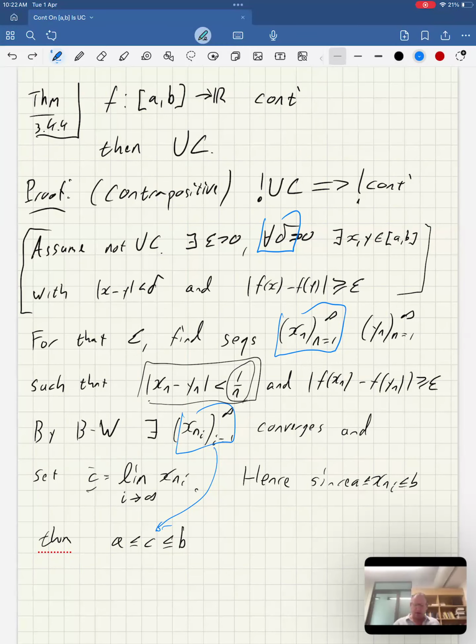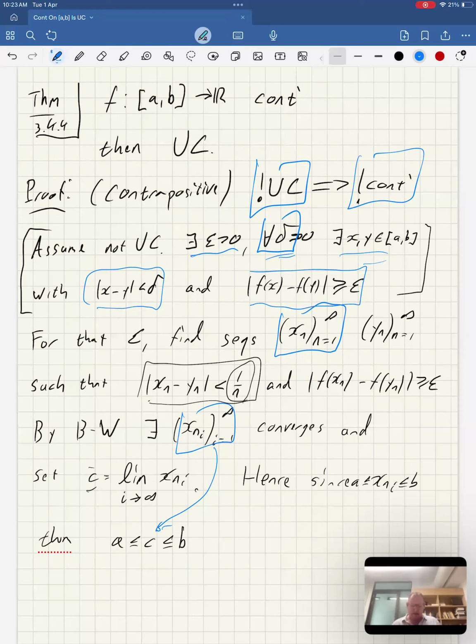So we say, let's say that function is not uniformly continuous, and then show it's not continuous. The key here is that non-uniform continuity means there exists some epsilon where for all delta, there exist x and y where the distance between x and y is less than delta, but the absolute value of f(x) minus f(y) is greater or equal than epsilon.